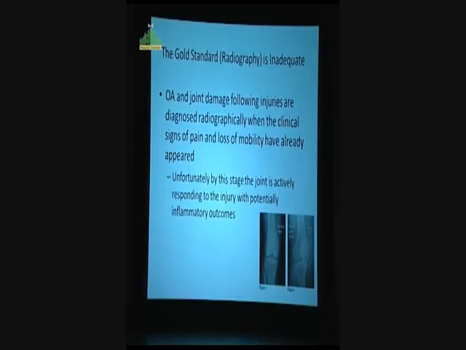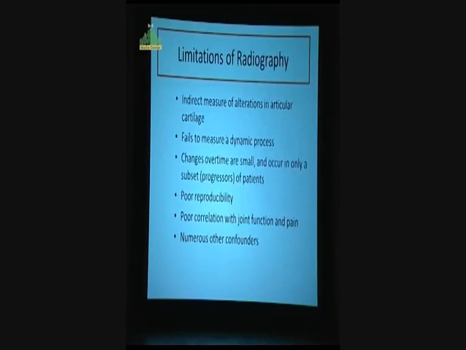And the change in the distance between the bones above and below is actually one of the key measures that's used in radiography. But this is an indirect measure of alterations in articular cartilage. It doesn't measure a dynamic process. It takes a snapshot at a particular moment in time. Any changes over time are subtle, small, and may occur in a small subset of patients, the so-called progressors.